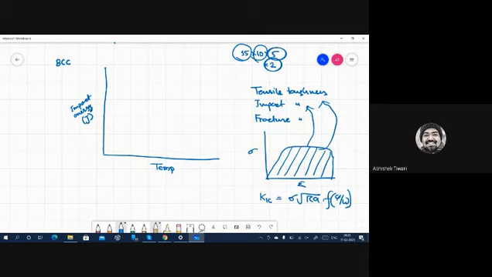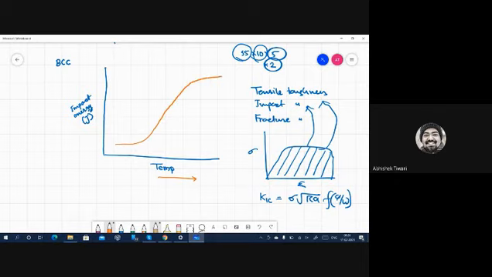Impact toughness, you know what it is now. There is an effect of strain rate, an effect of inertia, and an effect of the notch. So if you plot impact energy versus temperature, with temperature increasing in this direction, you will get a curve like this for BCC alloys.